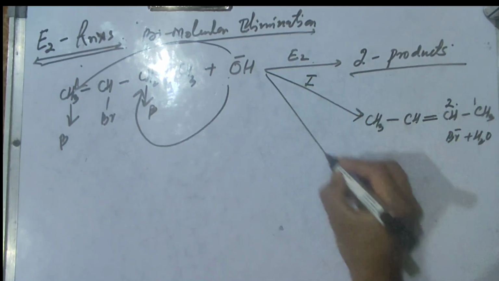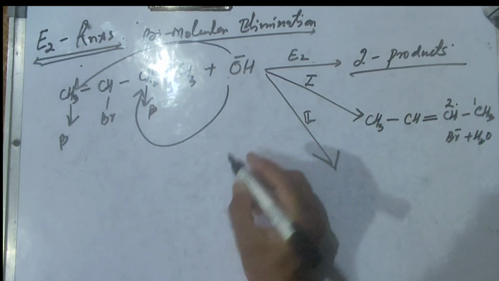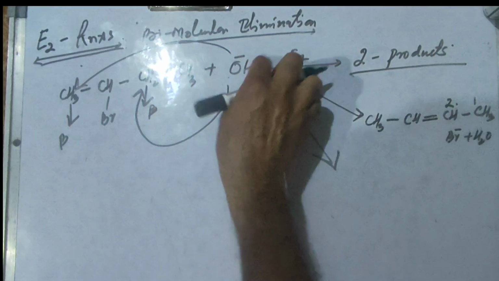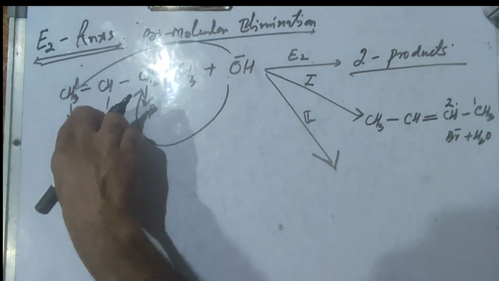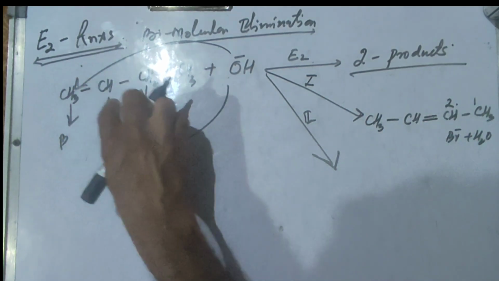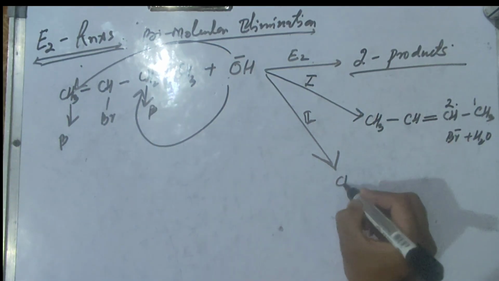Now let's have a second route. Look at this second route. If this OH removes this proton, what will happen? Hydrogen will be removed from here, the electron pair will come here and Br will be eliminated. So we will get a double bond between these two carbons.